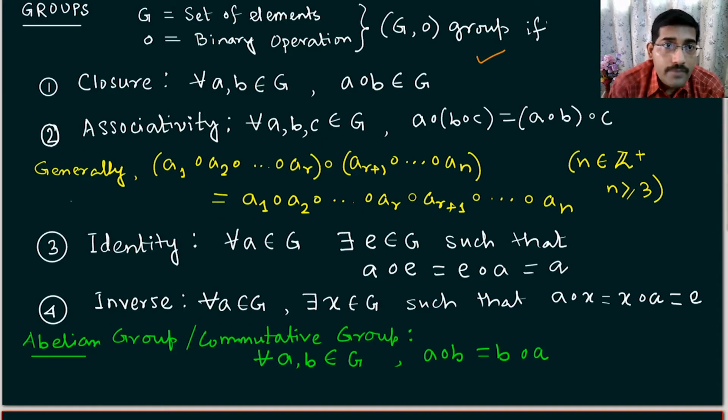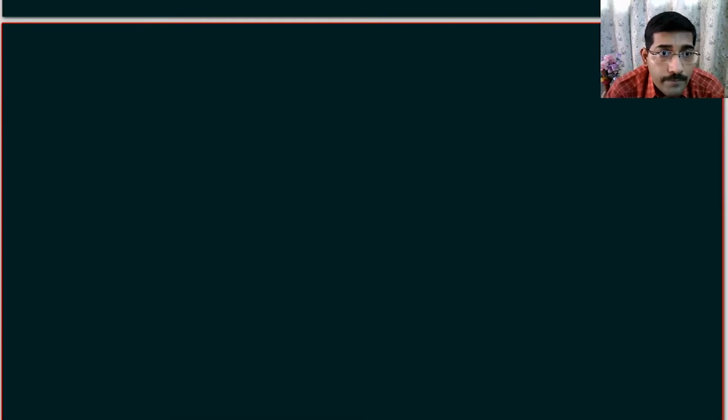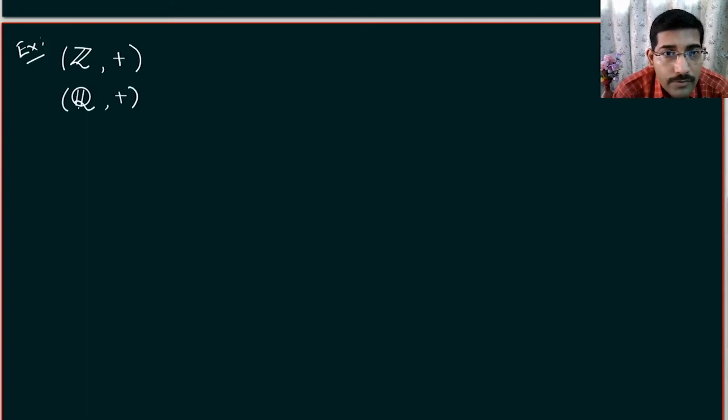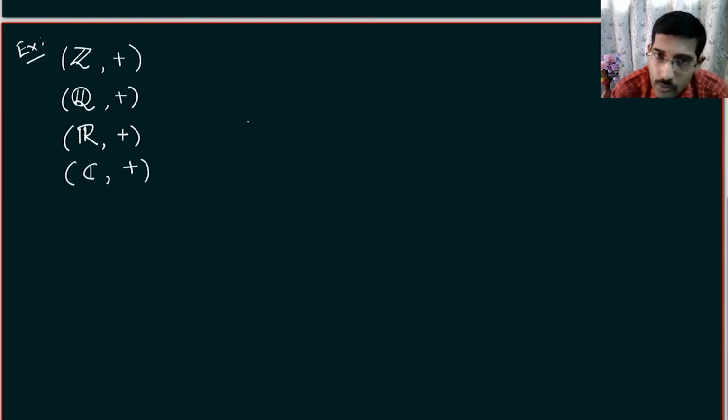So let us now have some examples of such groups. You can easily understand that the set of integers with plus is a group. Also the set of rational numbers with plus forms a group, the set of real numbers with addition forms a group, and the set of complex numbers with addition forms a group.